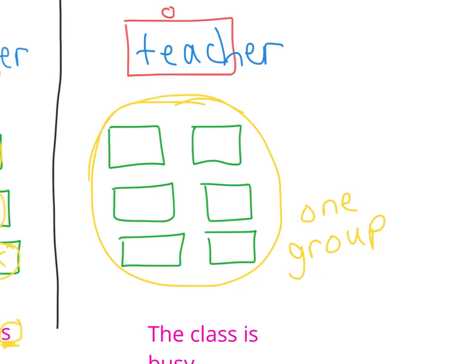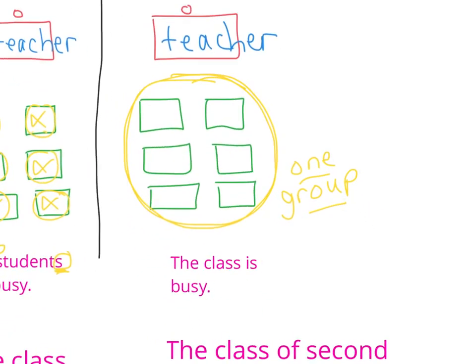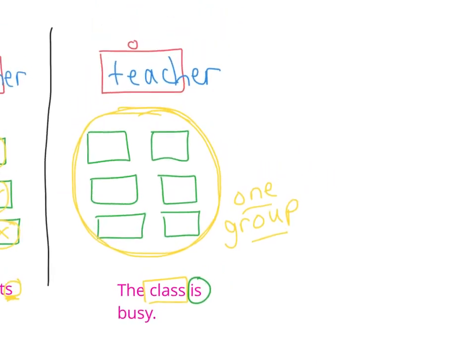We are putting them all in one circle, and we are calling them one group. And the word we use for that is class. So class here is talking about one group. That's why we use the word is, because class is just one. In this room is just one class, and so we use the word is.